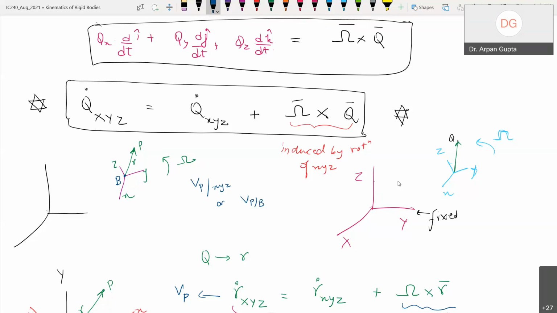If this quantity, the velocity of P with respect to B, is known to us, sometimes in books you will also find this term as V relative.